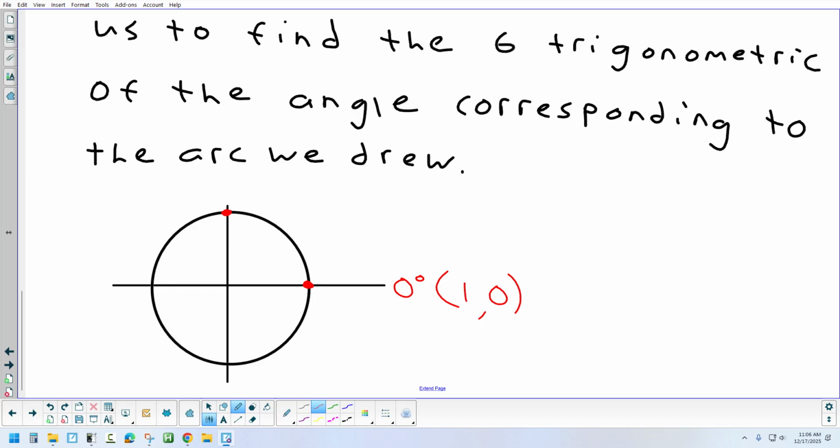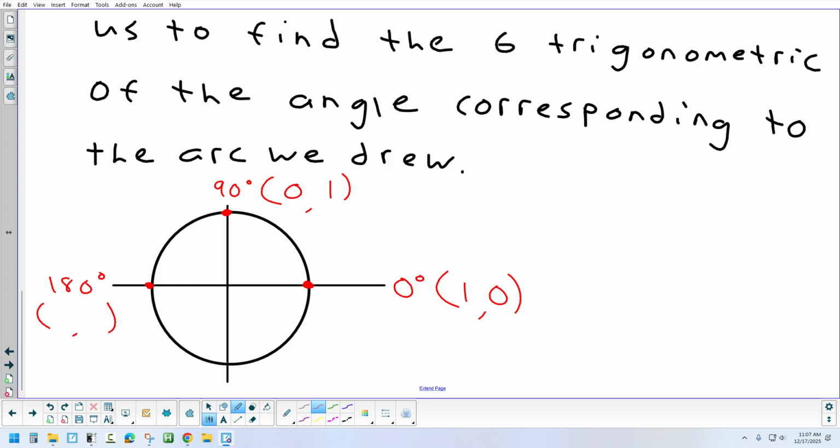What's the angle that you get if you draw your terminal side straight up? 90 degrees. And anybody else think they can give me the coordinate for 90? 0, 1. Okay. How about the coordinate where your terminal side goes to the left? That's 180.